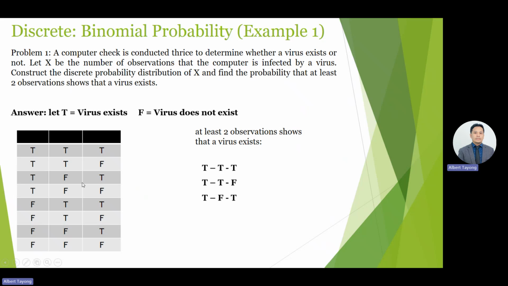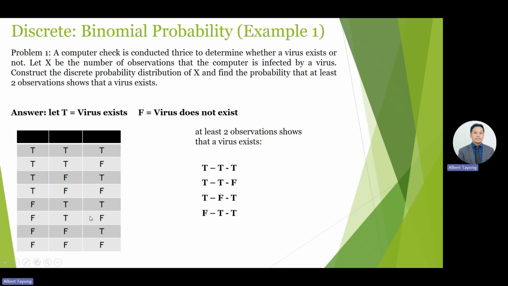Or it could be TFT, where the first and the last computer show that the virus exists. Or it could be the fifth one, FTT, where the last 2 computers show that the virus exists.